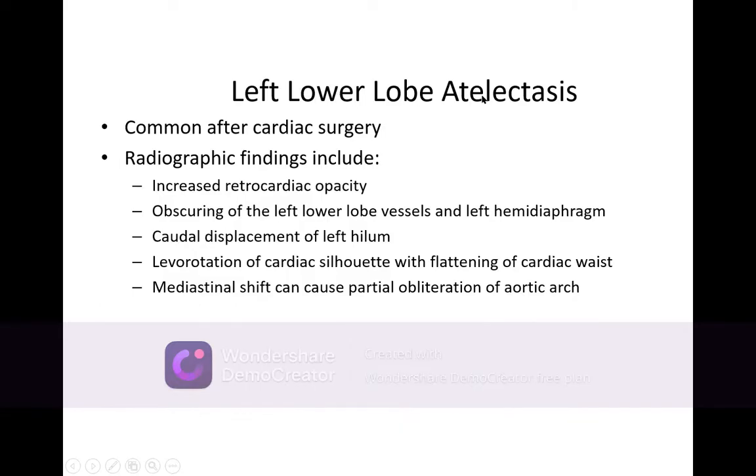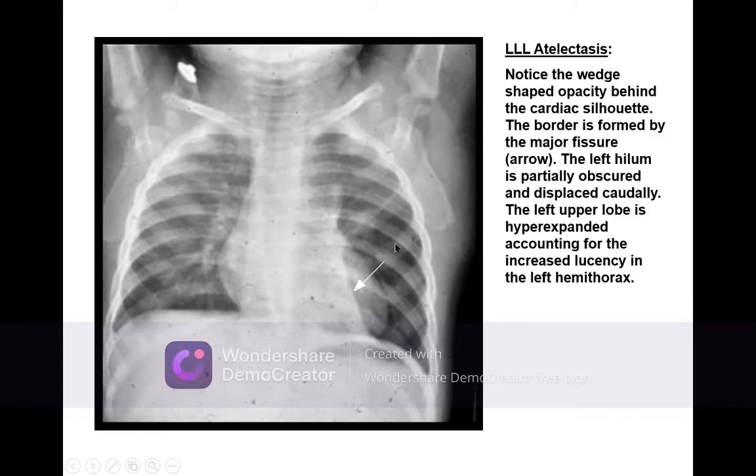The left lower lobe atelectasis is concerning. Here you find the wedge-shaped opacity behind the cardiac silhouette, this one. And here there should be a difference of 2.5 centimeters between the right hemidiaphragm and the left hemidiaphragm, but there is hardly 1 centimeter difference.